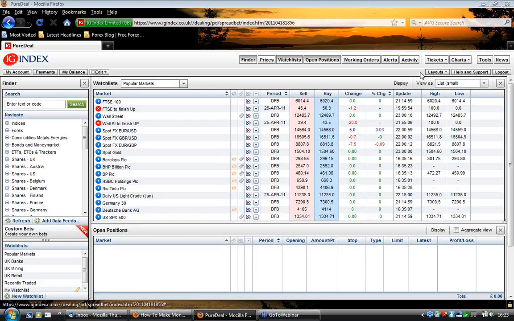So if you want to try and work out for me before tomorrow, the pound dollar, the trade entry price is a buy at 154.00 with a stop loss at 153.00, and the profit potential is 155.00. So what's the risk return ratio on that one?